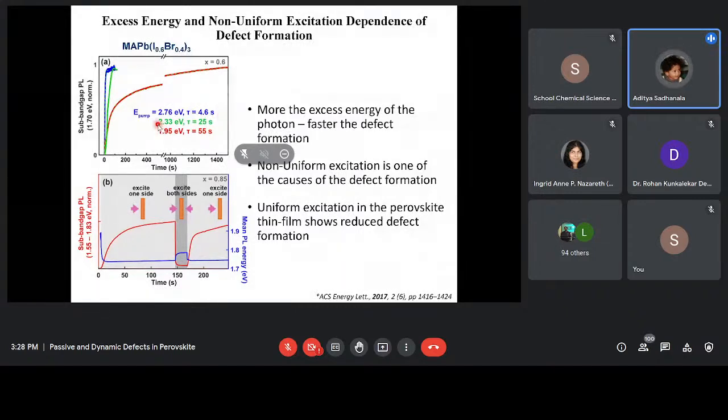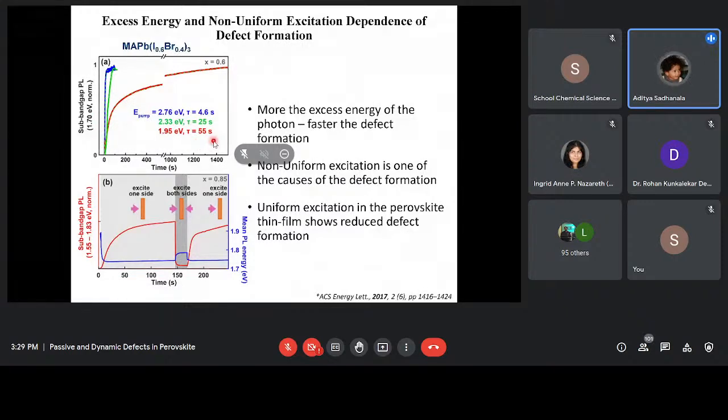If you excite with a slightly lower energy laser, 2.33 eV, you see the excitation and relaxation happening at a slightly slower pace, 25 seconds. If you excite the perovskite resonant with the band edge, so the band gap is 1.95 eV and you excite with the same energy laser, you see that the time for stabilization of the defect emission takes a very long time. It's almost 1 minute.